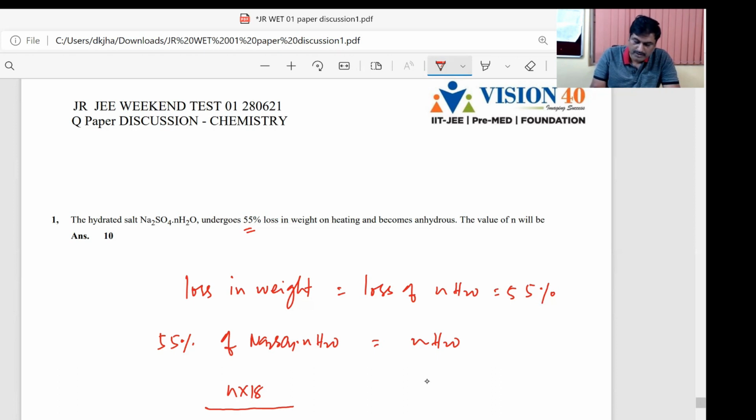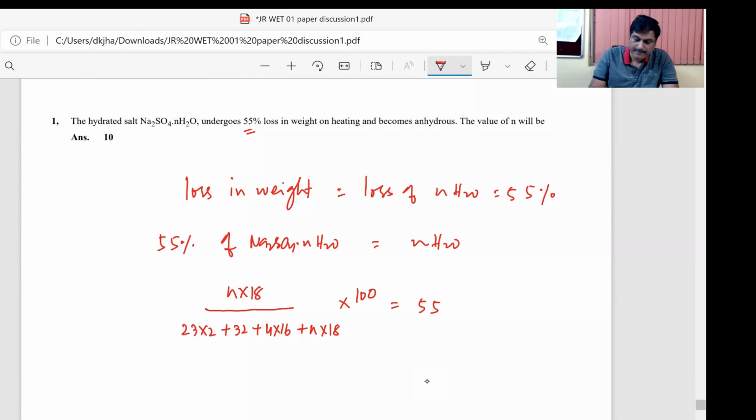What is this? 23 into 2, plus sulfur, what is the weight? 32, plus 4 into 16, plus n into 18, into 100 is equal to the percentage of water in this, given here as 55.